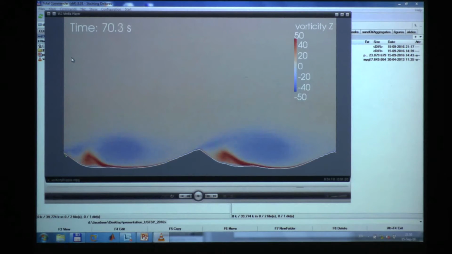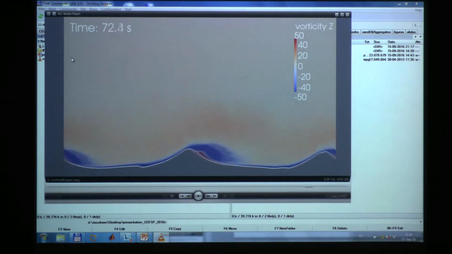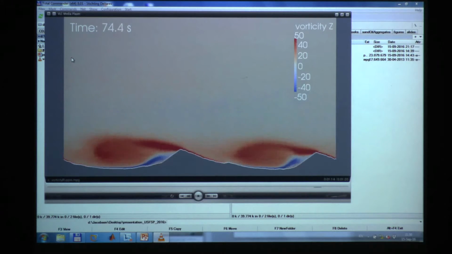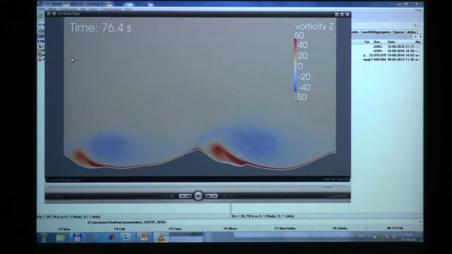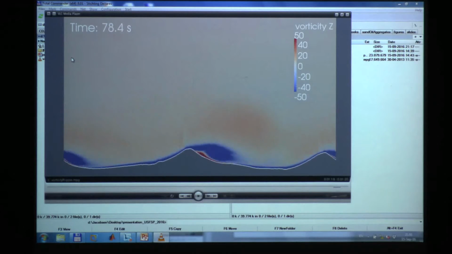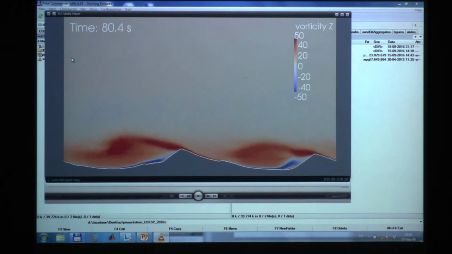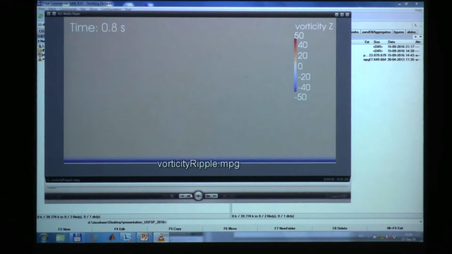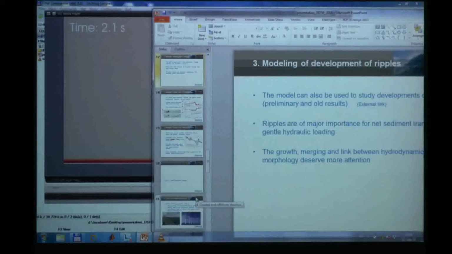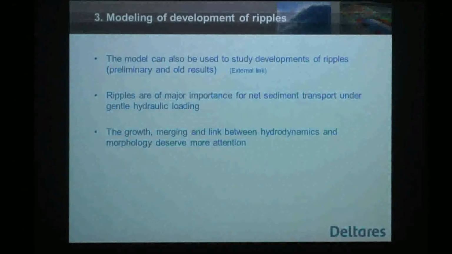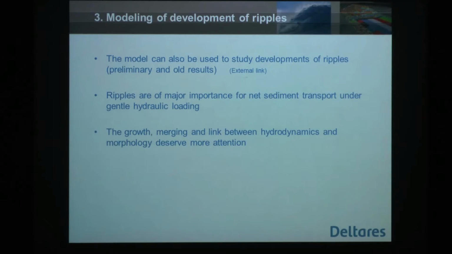Just let it run through. But yes, this is quite in its early phases, so I hope to see more of this type of research in the future.